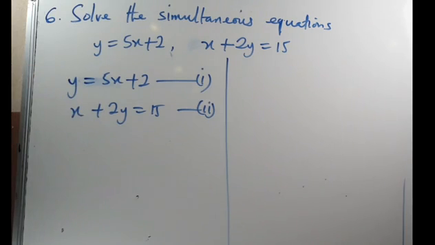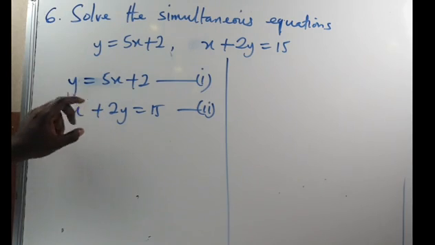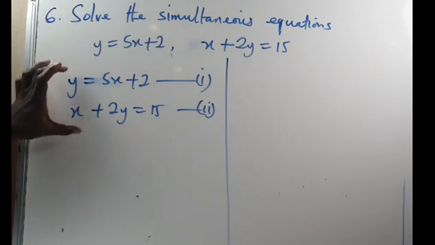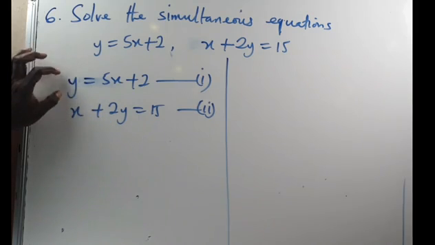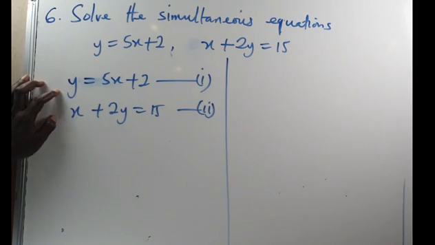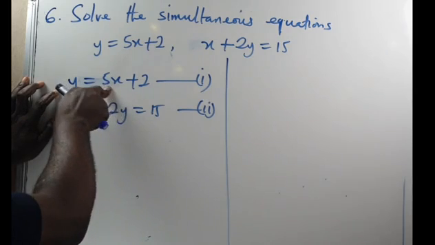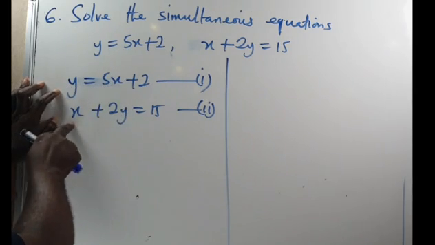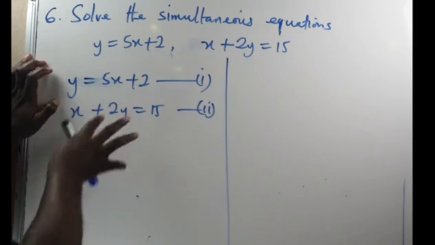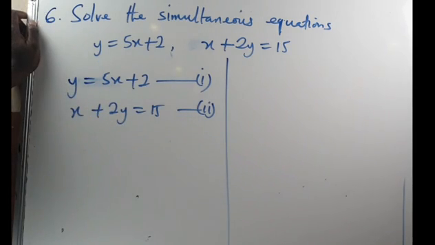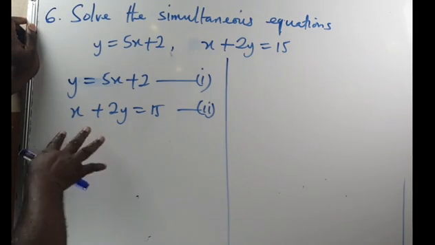If you want to use the elimination method, you can still use it, but you have to go through some process whereby you multiply, depending on the variable you want to eliminate. In this case, the coefficients of x in both equations are not the same, and the same thing with y.